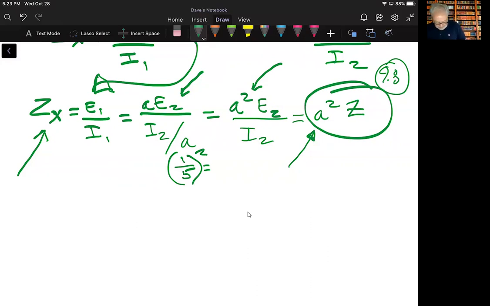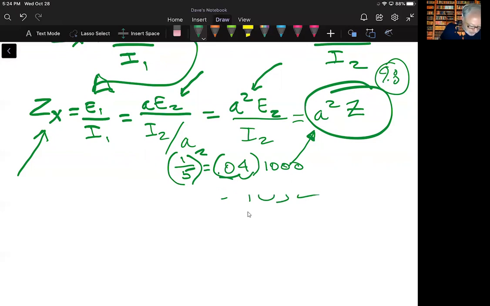So 0.2, and I'm going to square that with my calculator, and I'm going to get 0.04. So if I say 0.04 times, in this case, a load of 1,000, right? So I would end up with a value of 40 ohms.